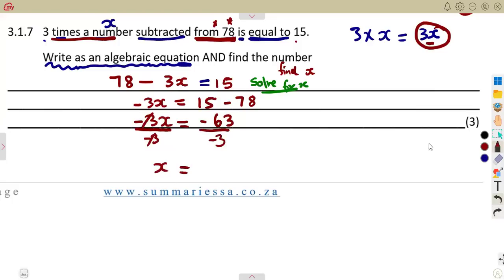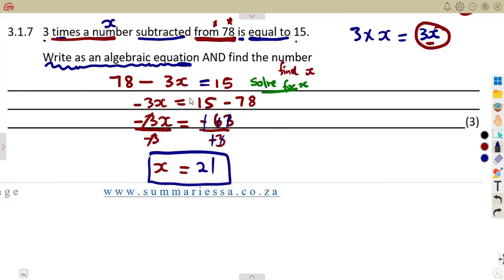So divide by negative 3. That is going to give us a positive 21. 63 divided by 3 is 21. So x is equal to a positive 21 in that case. Once you take this to the other side, it does not affect here. This one remains as it is, as a negative.